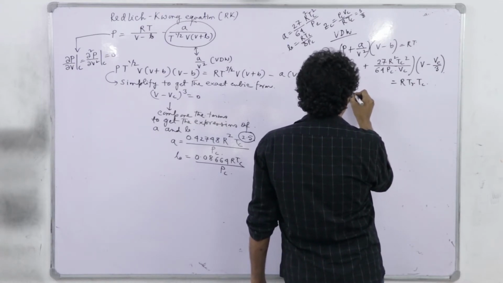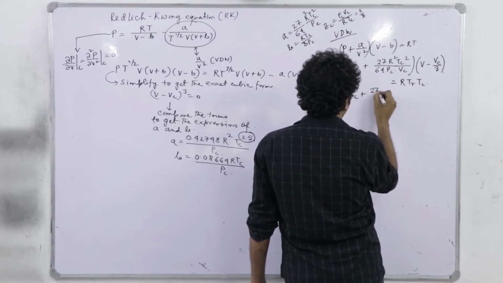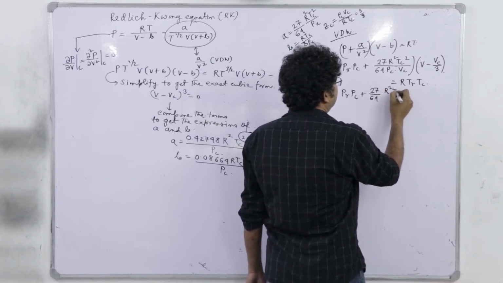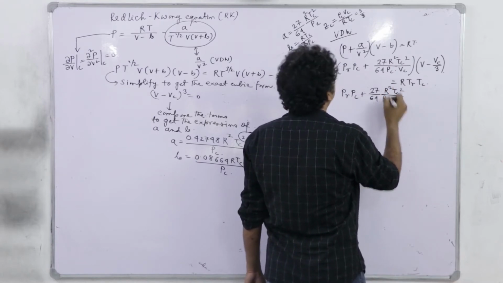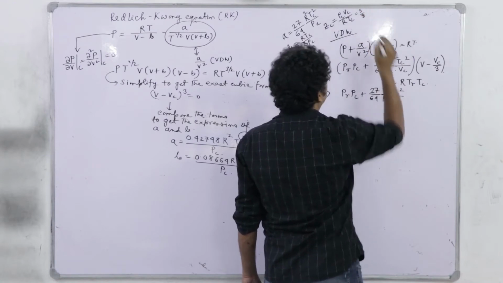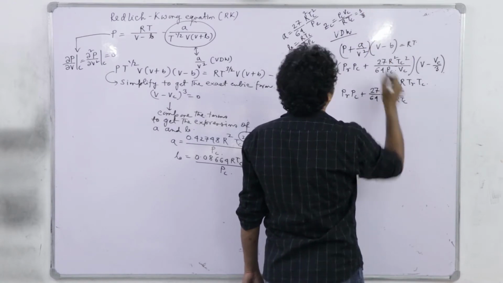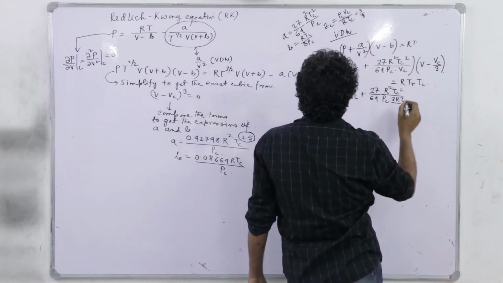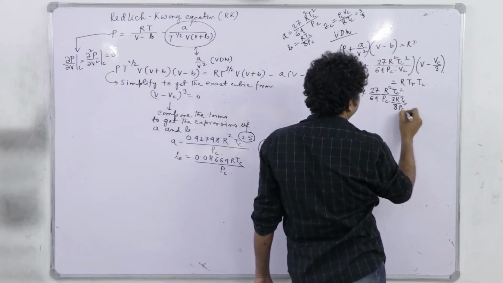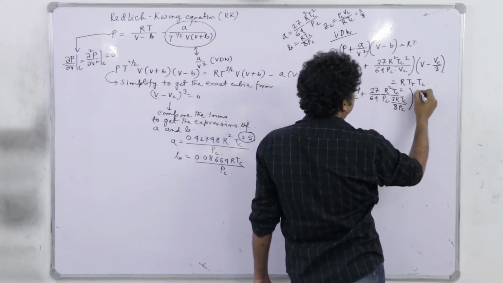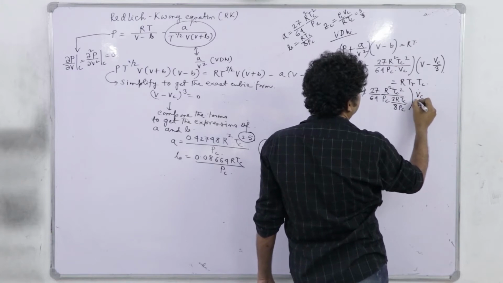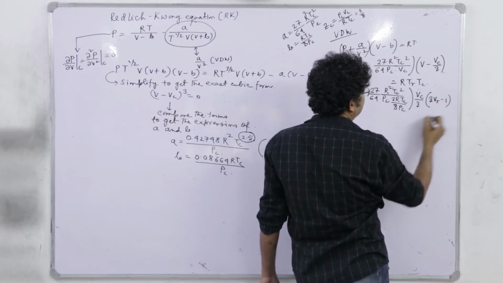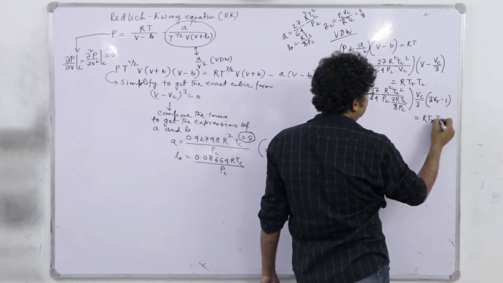So, PR into Pc plus 27 divided by 64 R square Tc square divided by Pc and Vc, into Vc divided by 3 times 3 VR minus 1, equal to R Tr into Tc.